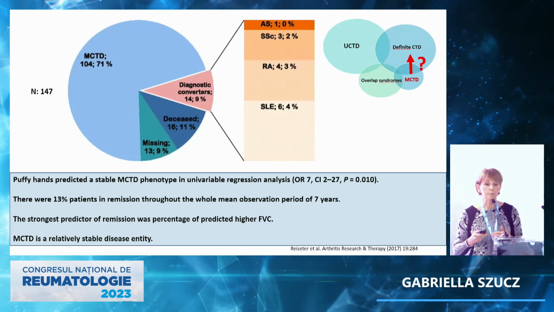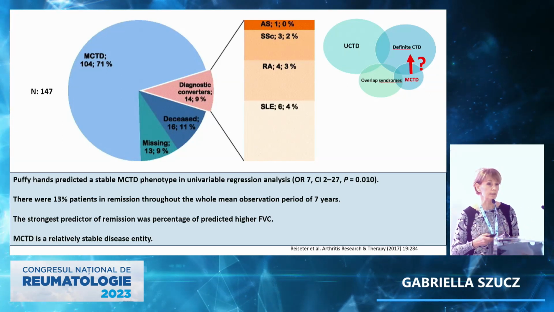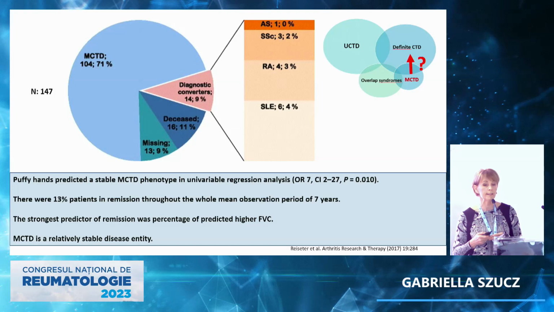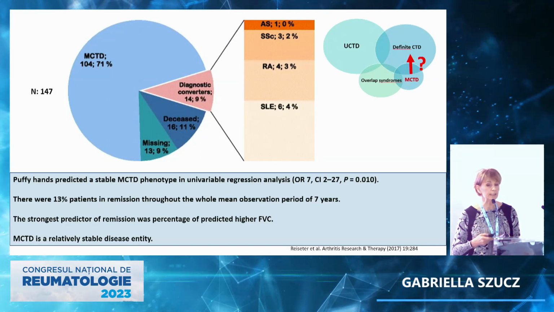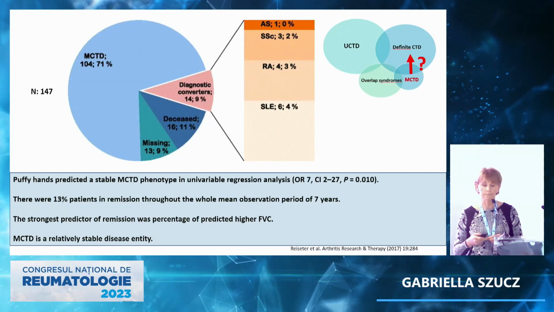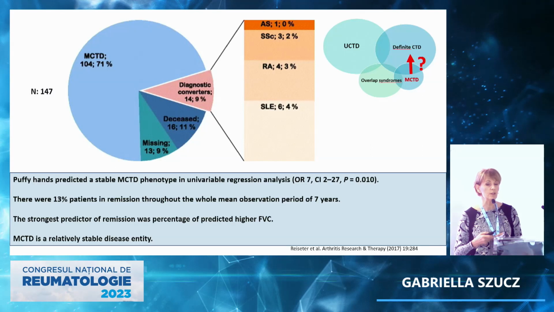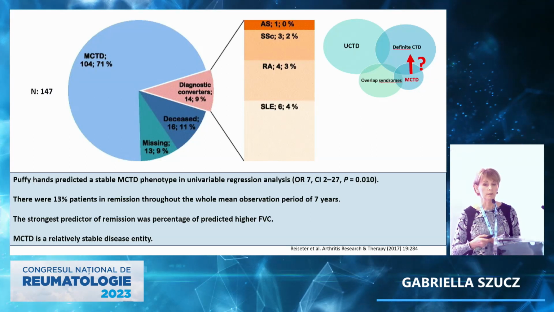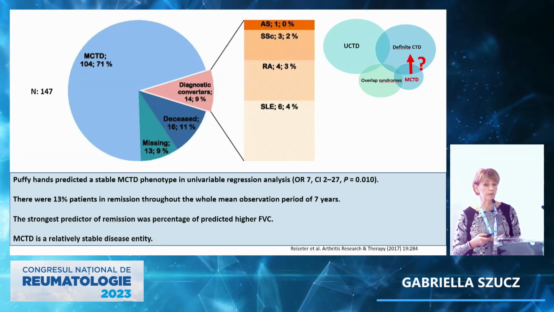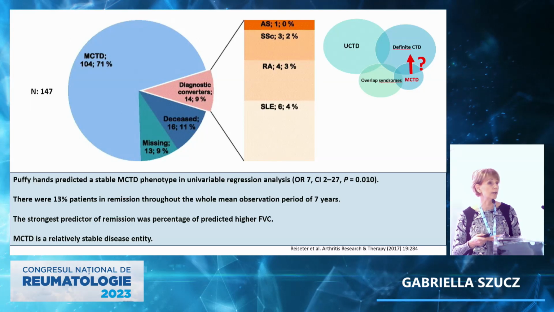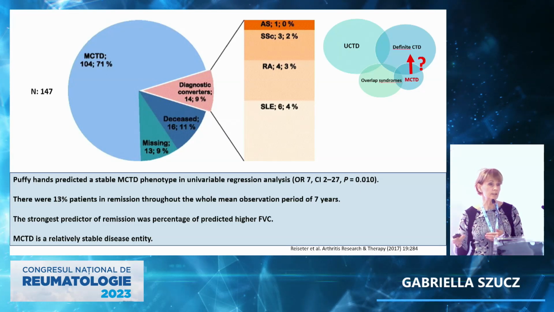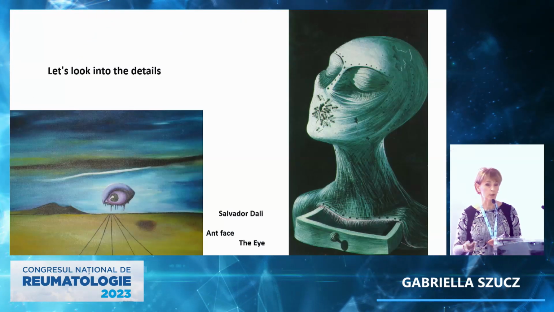From this cohort, puffy hands predicted a stable MCTD phenotype on univariable regression analysis. 13% of the patients remained in remission in the whole observation period. The strongest predictor of remission was a higher percentage of predicted FVC. And MCTD in this cohort was a relatively stable disease.